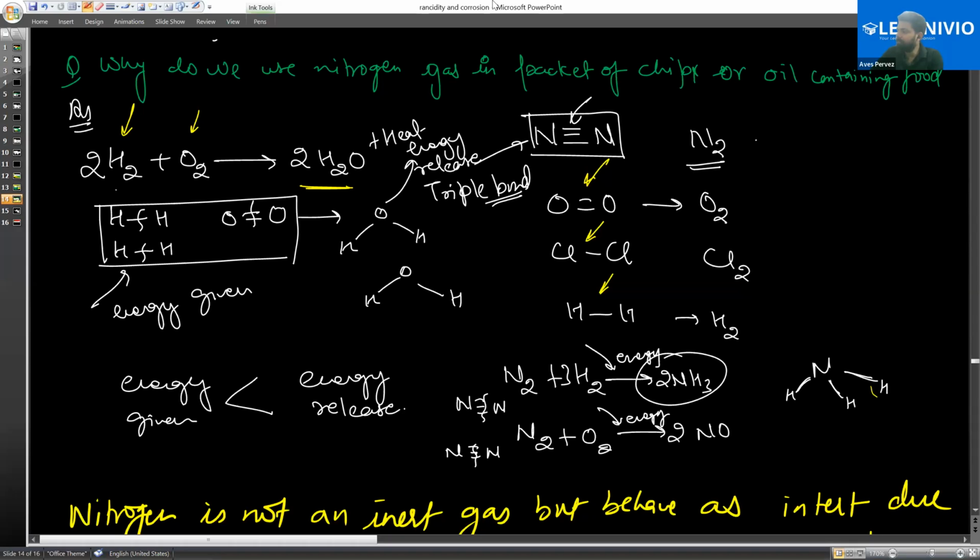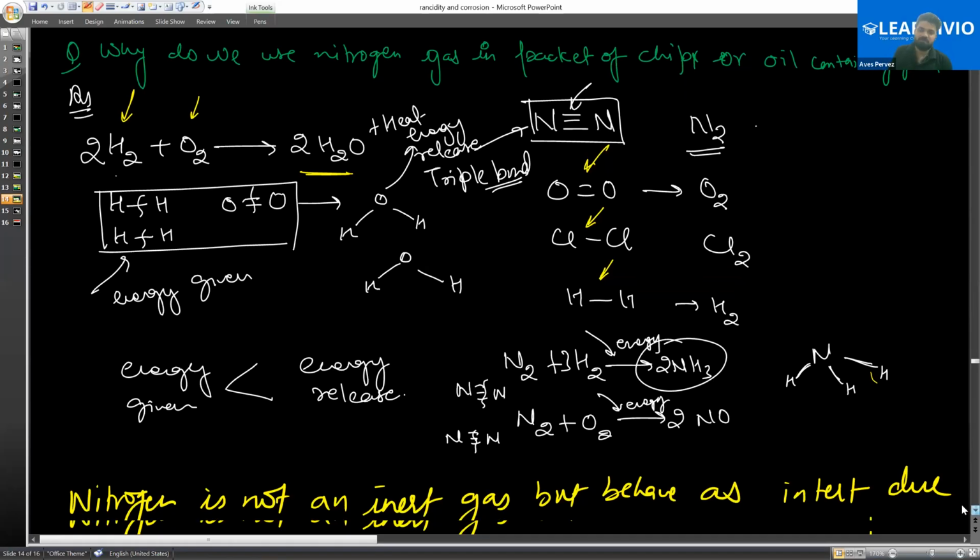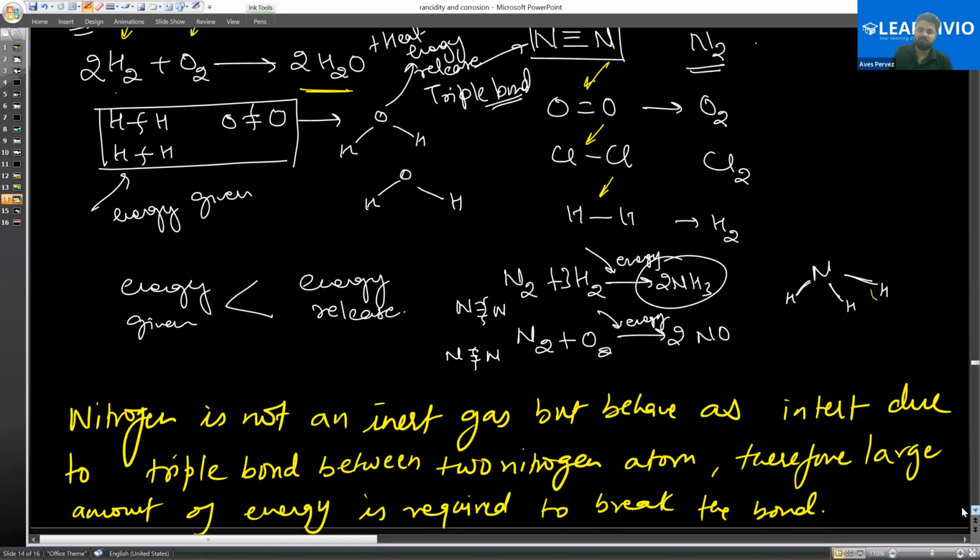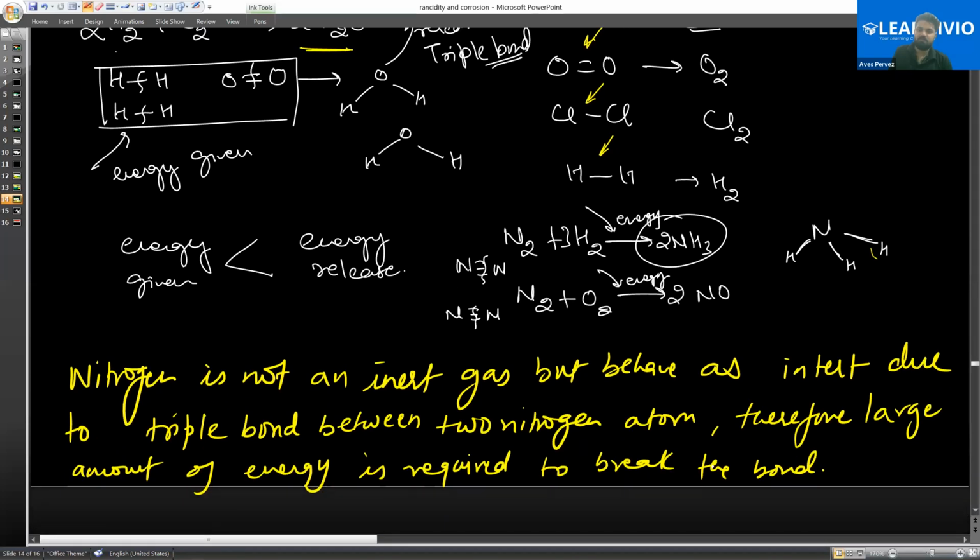Done? Nitrogen is not an inert gas but behaves as an inert gas due to the triple bond between the two nitrogen atoms. Therefore, a large amount of energy is required to break the bond, so it does not react readily. Simple.